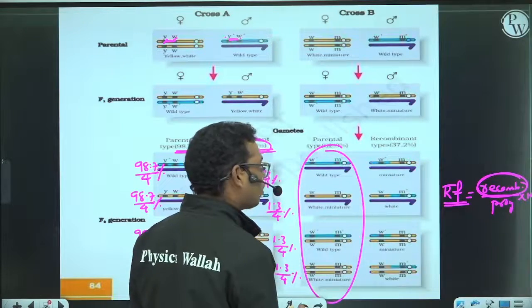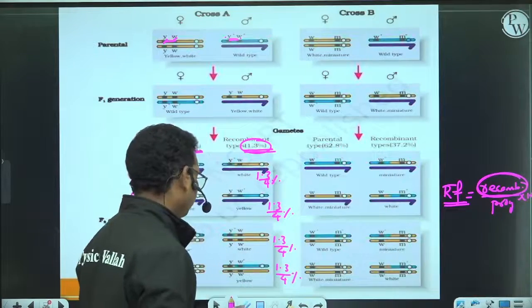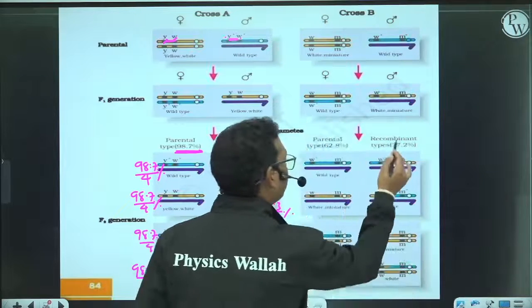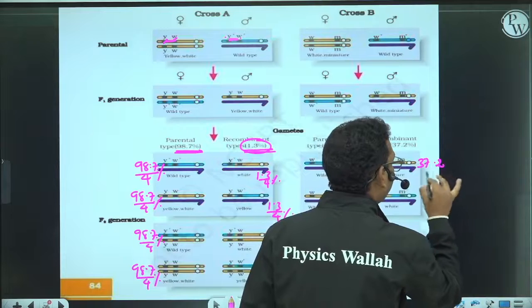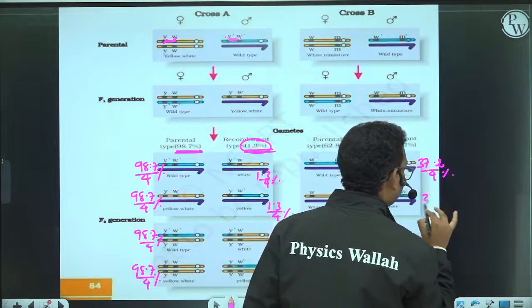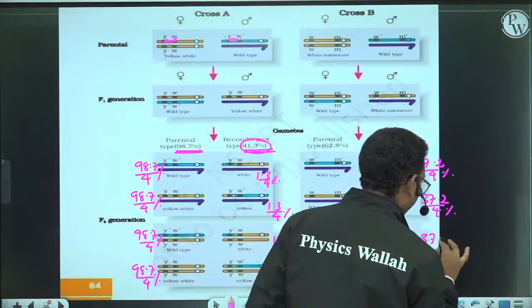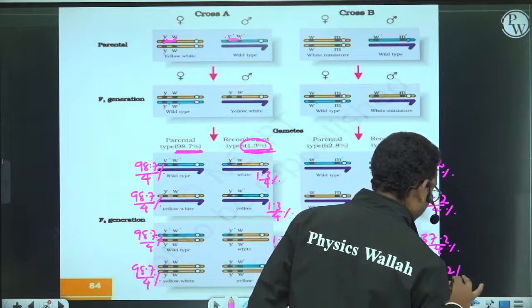All the parental types are produced with equal probability, and all the recombinants are produced with equal probability. So this recombinant will be produced 37.2 upon 4%, and this one also 37.2 upon 4%, and so on for each recombinant.